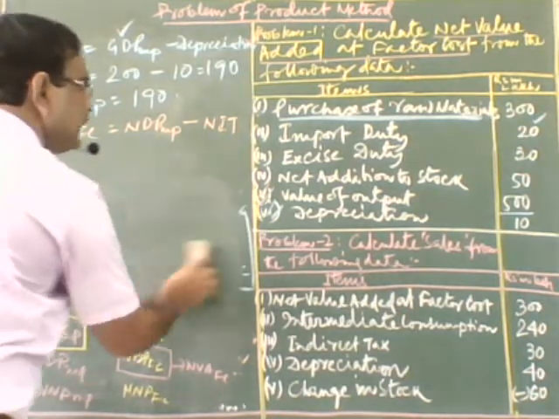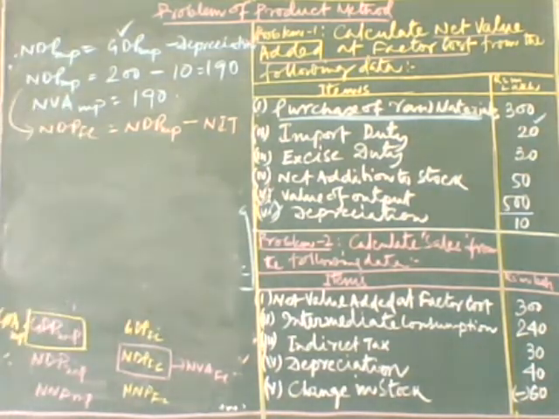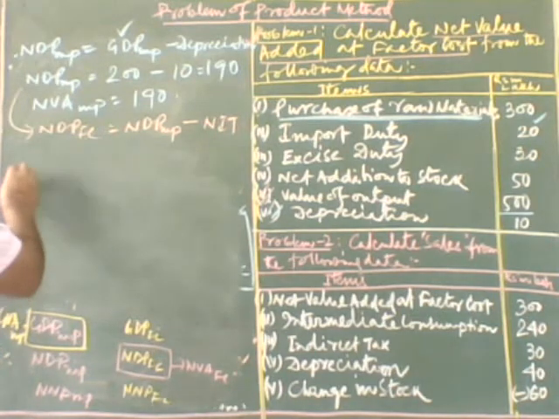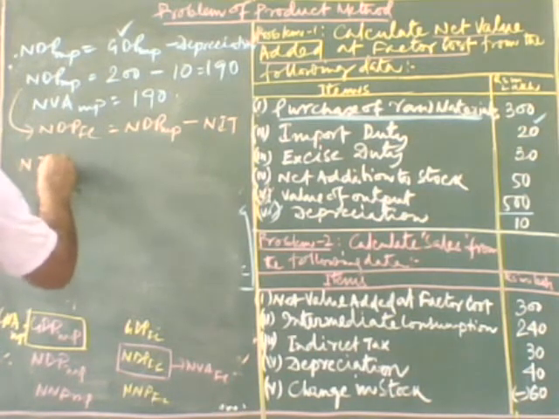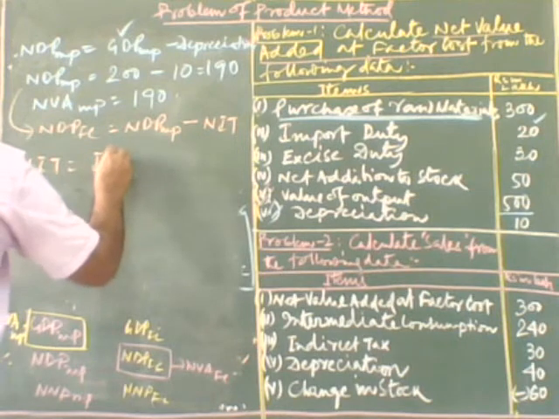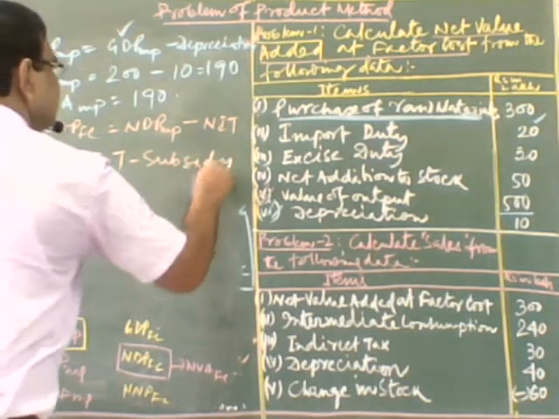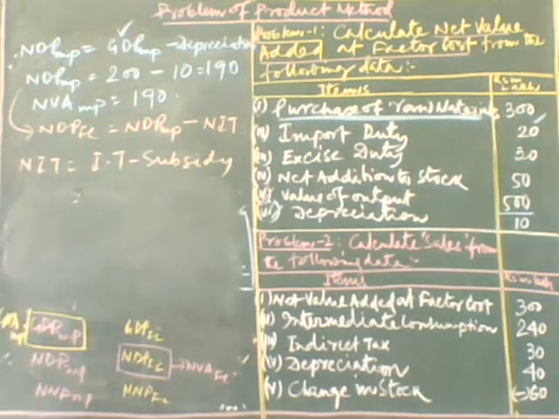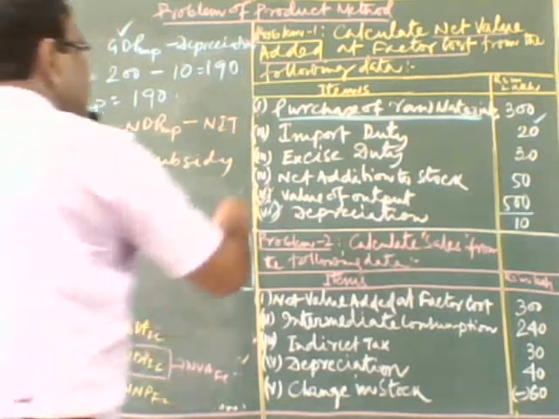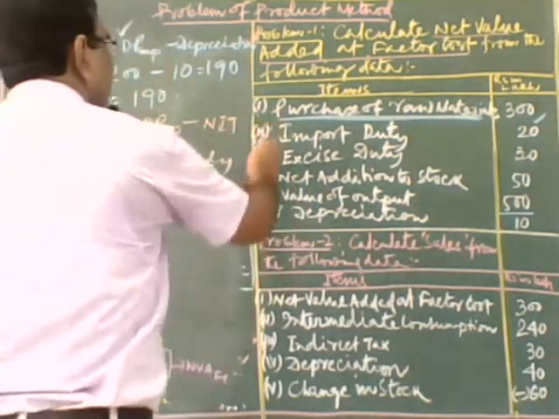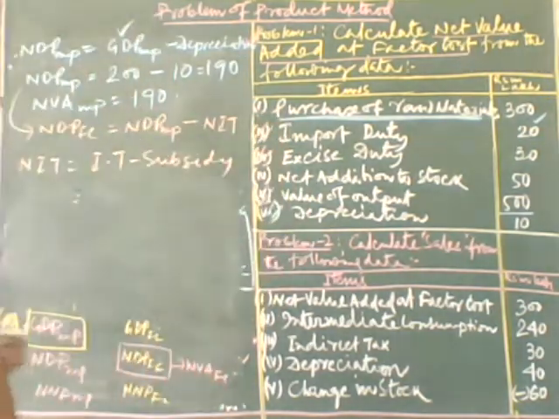According to this question, we know that NIT is equal to indirect tax minus subsidy. Here indirect tax is already given, that is item number 2 and item number 3. These two are the indirect taxes, import duty and excise duty.